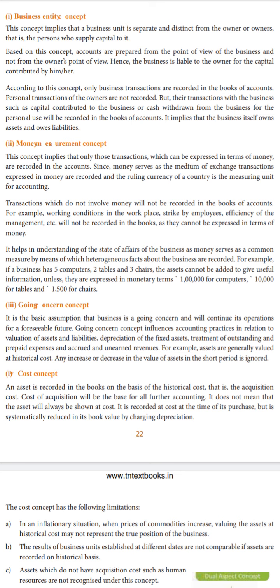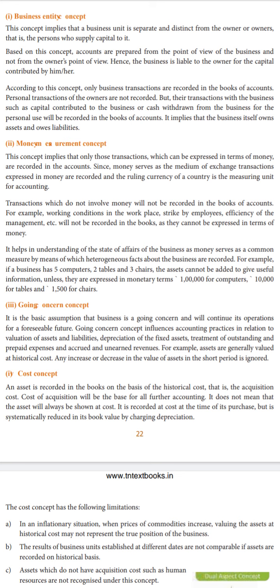The third one is the going concern concept. Why do we call it going concern? Any business is started by the owner keeping in mind that it has to run for a longer period. That is the only intention of any businessman. So the valuation of assets and liabilities, depreciation, outstanding and prepaid expenses, everything should be entered at historical cost, which means the cost at which the asset was purchased.